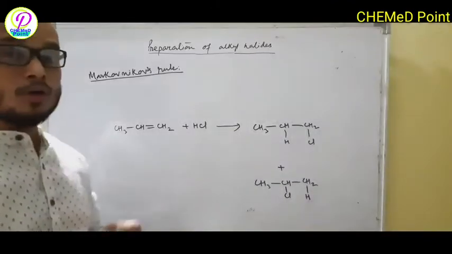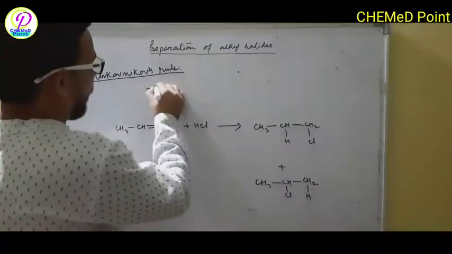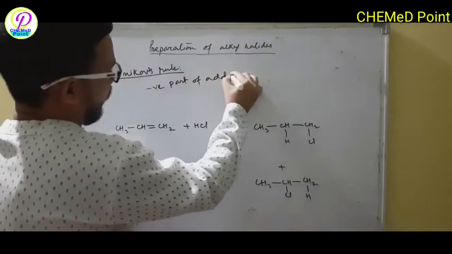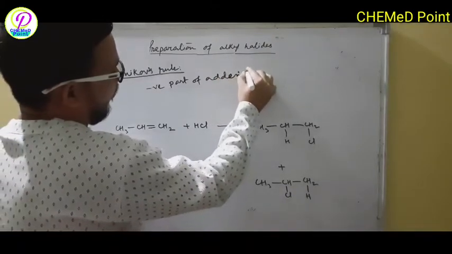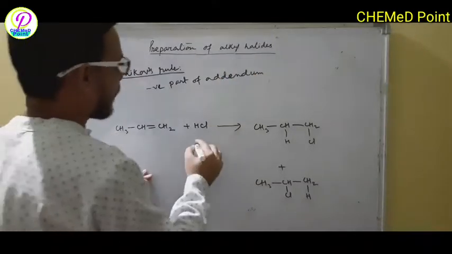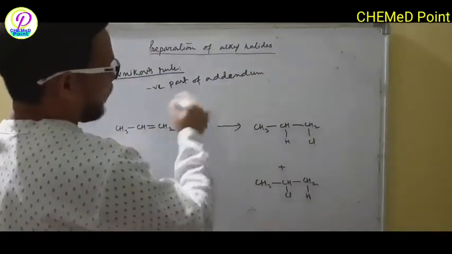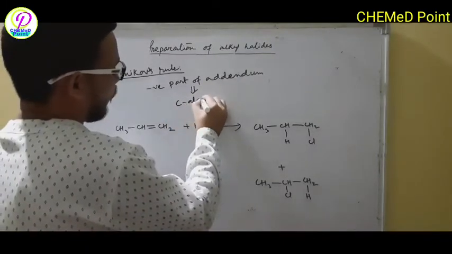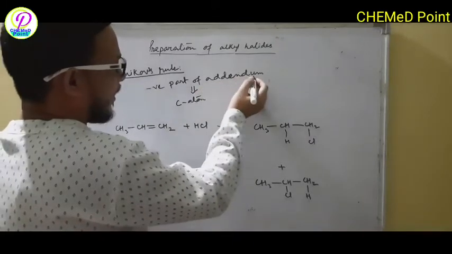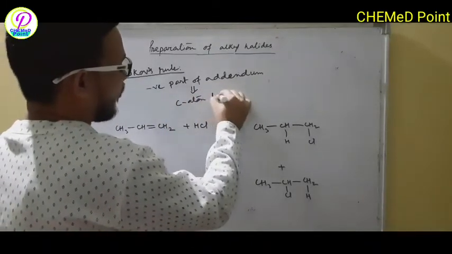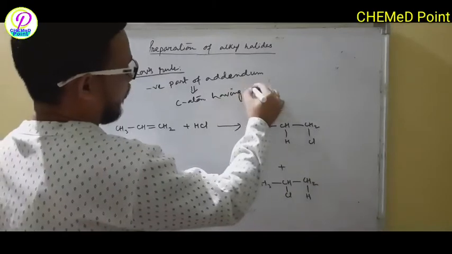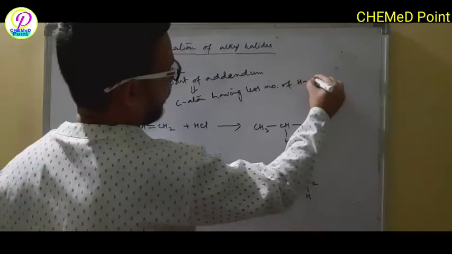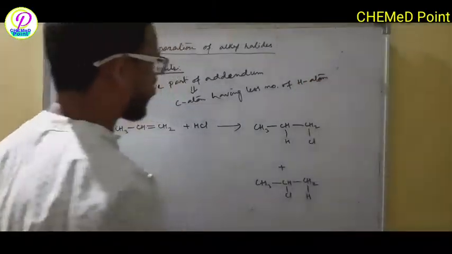Markovnikov rule states that the negative part of addendum is added to those double bonded carbon having less number of hydrogen atom.